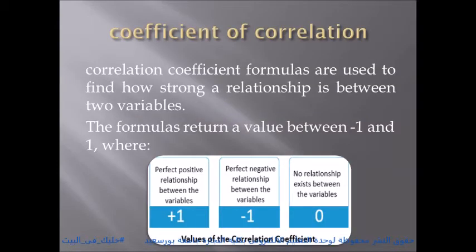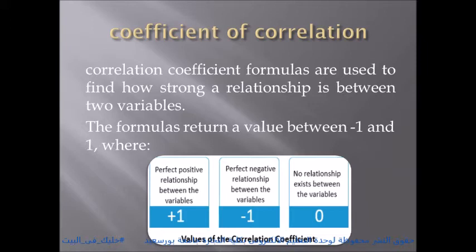Coefficient of correlation, or correlation coefficient, formulas are used to find how strong a relationship is between two variables. The formulas return a value between -1 and 1, where 1 is a perfect positive relationship between variables, -1 is a perfect negative relationship, and 0 means no relationship exists between the variables.